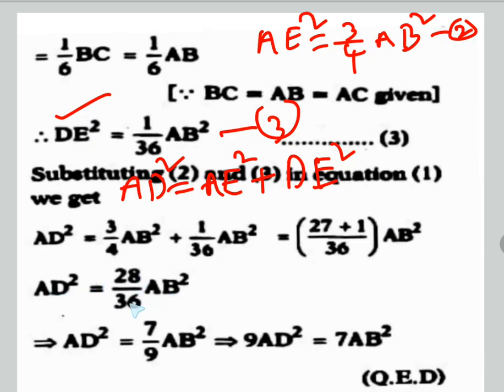AD square is equal to 28 by 36 AB square. Then 4 7s are 28, 4 9s are 36. So AD square is equal to 7 by 9 AB square, where 9 AD square is equal to 7 AB square.